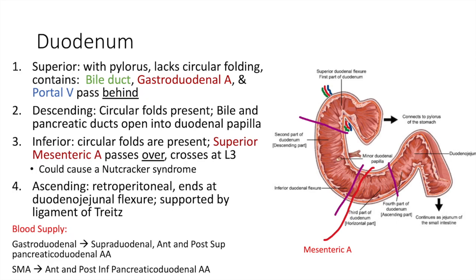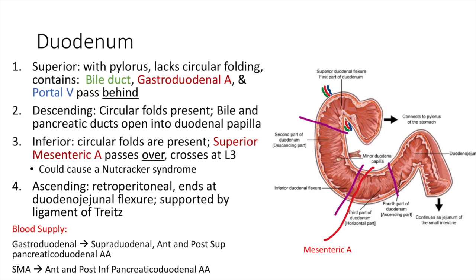And we'll talk more about nutcracker syndromes in later slides. The ascending portion of the duodenum is retroperitoneal, and it ends at the duodenojejunal flexure, and it is supported by the ligament of Treitz.